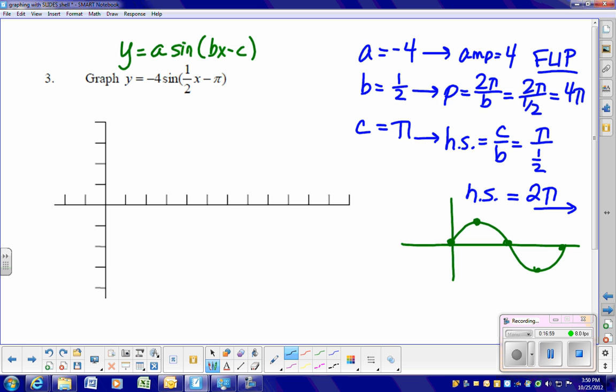Now, since the period is 4 pi, I do want to make sure that I count by larger amounts this time, just because I want to make sure I can see enough of the graph. So how about we make this pi, this 2 pi, this 3 pi, and this 4 pi.